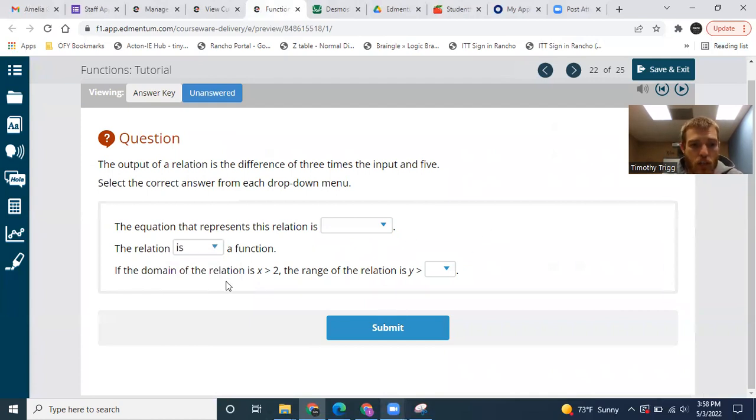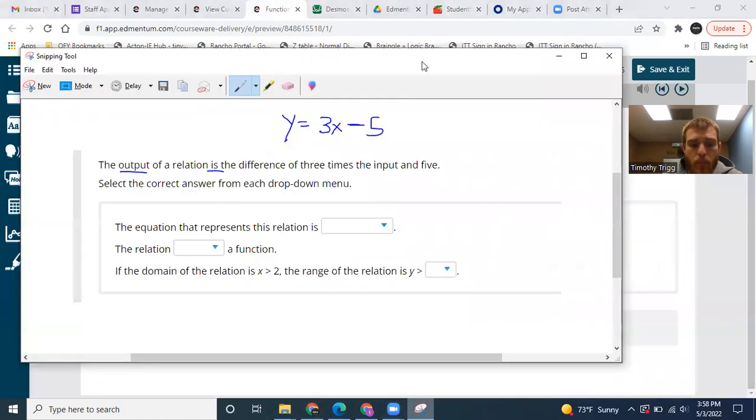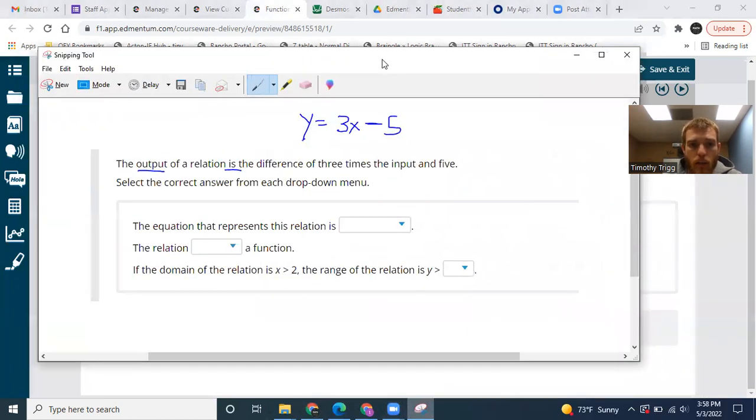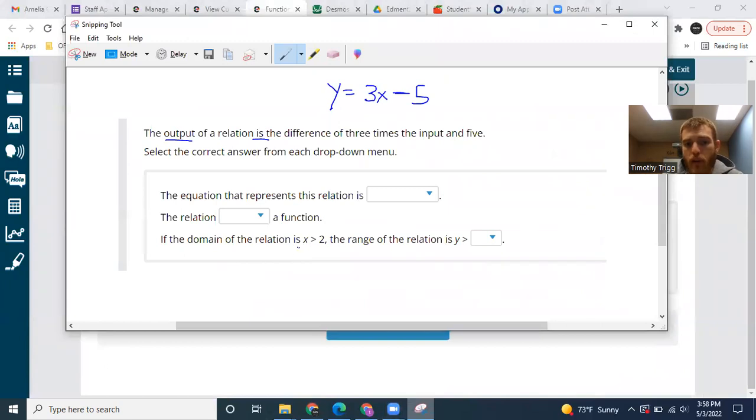The domain of the relation is x is greater than 2. So the range of the relation is y is greater than. So for this one, if we say our domain is only for x greater than 2, well, let's go ahead and plug in 2 and see what we get. So that would be y equals 3 times 2 minus 5.